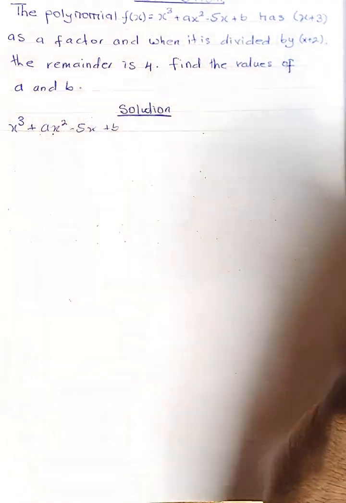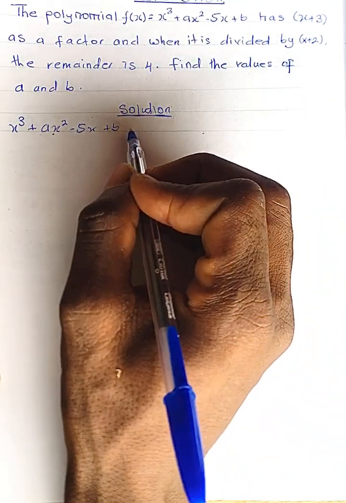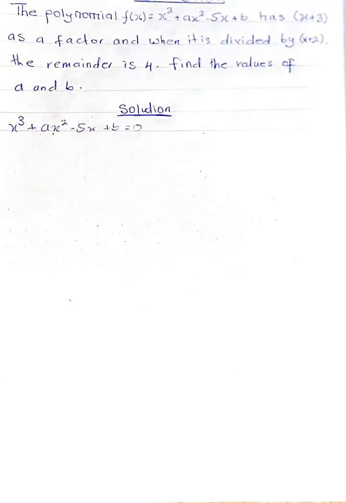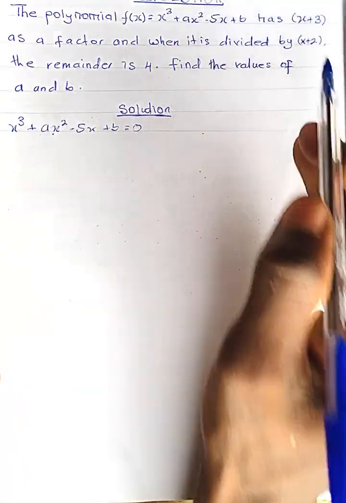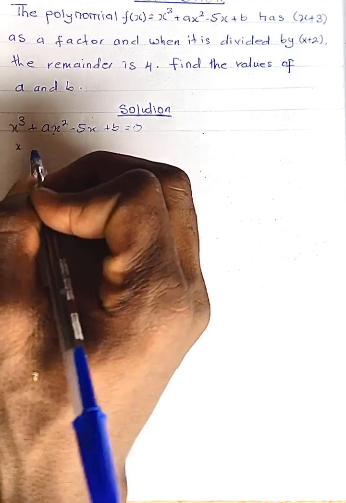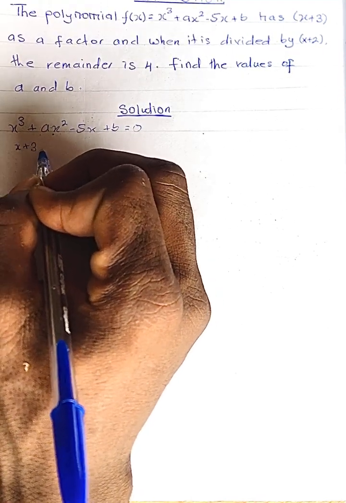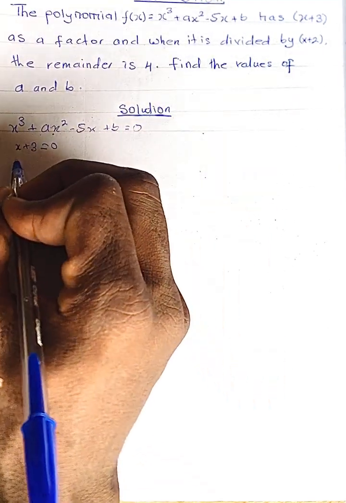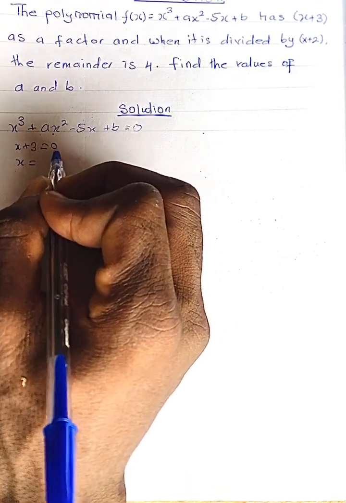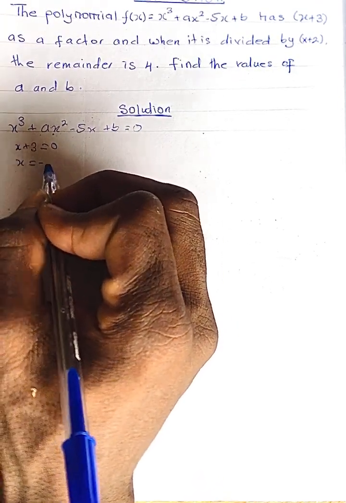Let's say this is equal to 0. Then the first factor is x plus 3, which is equal to 0. So x is equal to negative 3.